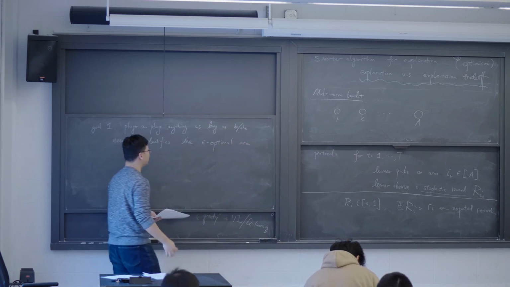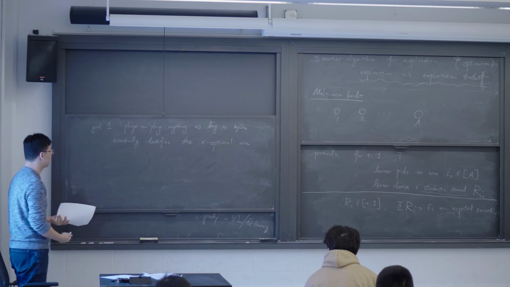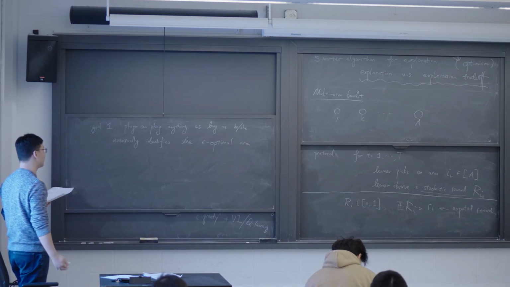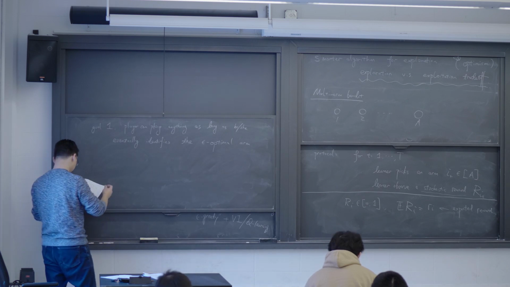It doesn't really care about what you are playing in the middle. You can play poorly, but as long as in the end you identify the epsilon optimal arm, this is good.